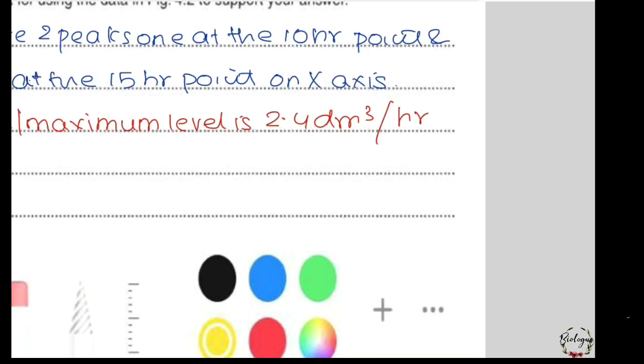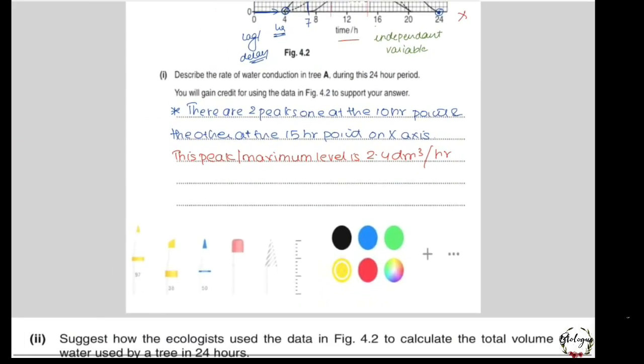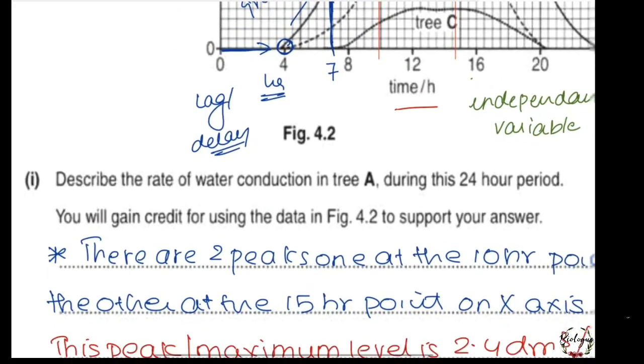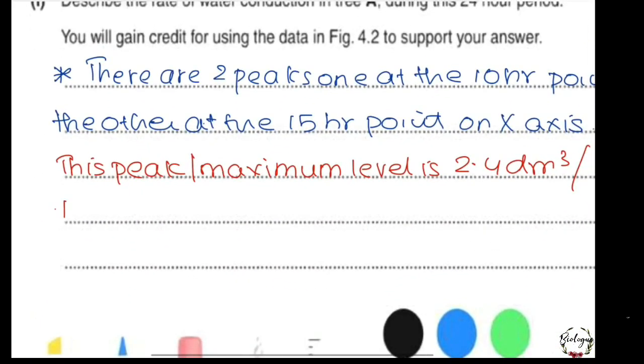Alright, now the second one is any lag. As far as I remember, we mentioned that there was a lag, right? There was a delay. This delay is till 4 hours or 4 units of time. So how you can describe it would be that there is no water conduction before 4 unit time, before the 4-hour mark. So you can say that there is a lag or a delay in the graph.